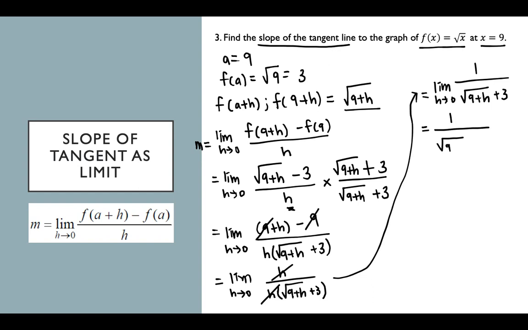It's going to be 1 over square root of 9 plus 0 plus 3. When you simplify, square root of 9 is 3, so 3 plus 3 is 1 over 6. So therefore, the slope of the tangent to the square root of x is 1 over 6.